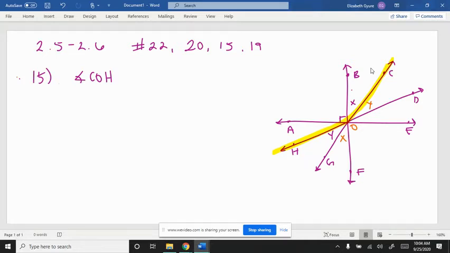And do you want to say something, Brennan? Oh yeah, what do you think? Yeah, exactly. You have a straight angle here with angle COG, right?